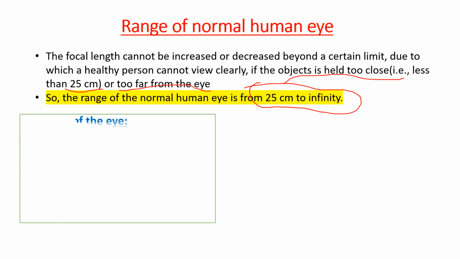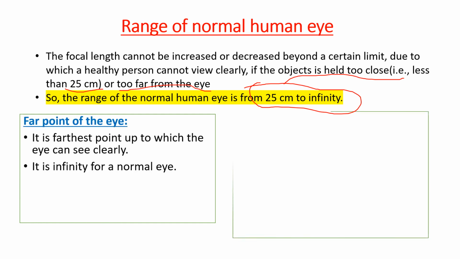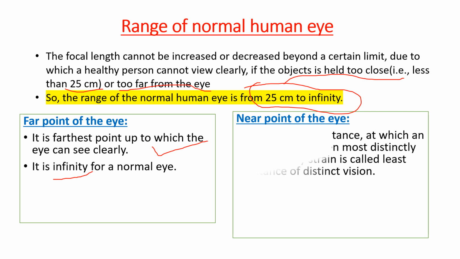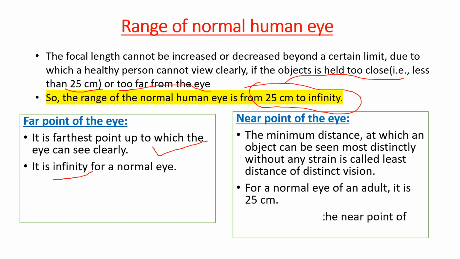So it is classified into two categories. The one is the far point of the eye. It is the farthest point up to which the eye can see clearly, and the farthest point of the normal human eye is infinity. And next is the near point of the eye. The minimum distance at which an object can be seen most distinctly without any strain is called the least distance of distinct vision.